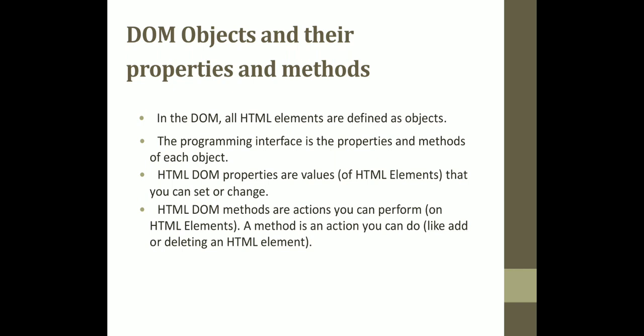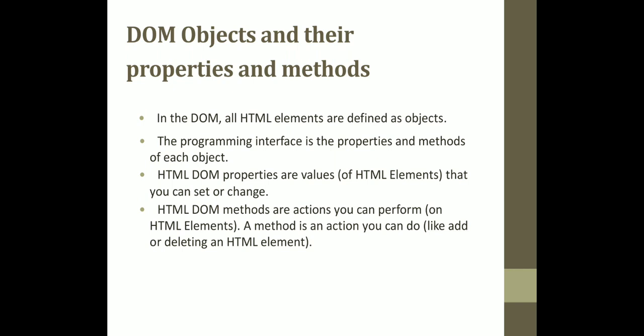Then the HTML DOM methods are actions that you can perform on HTML elements. A method is an action you can do, like add or delete an HTML element. So these are the points: what are properties and what are methods.